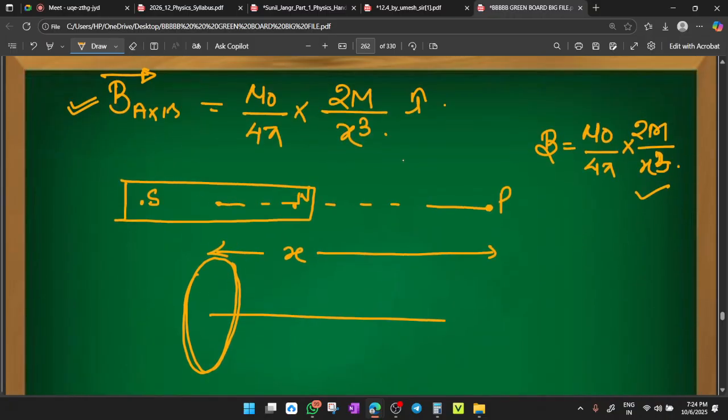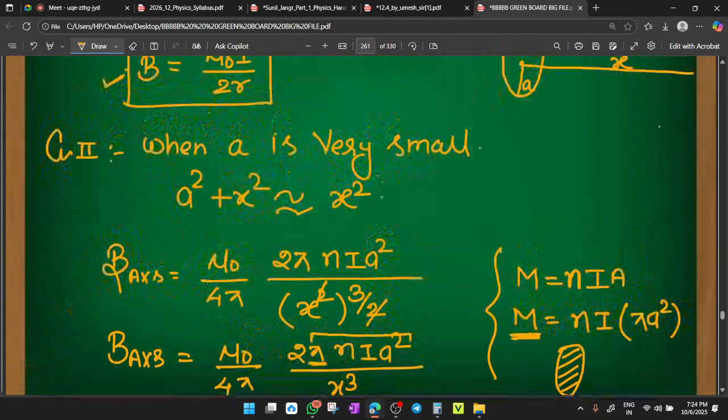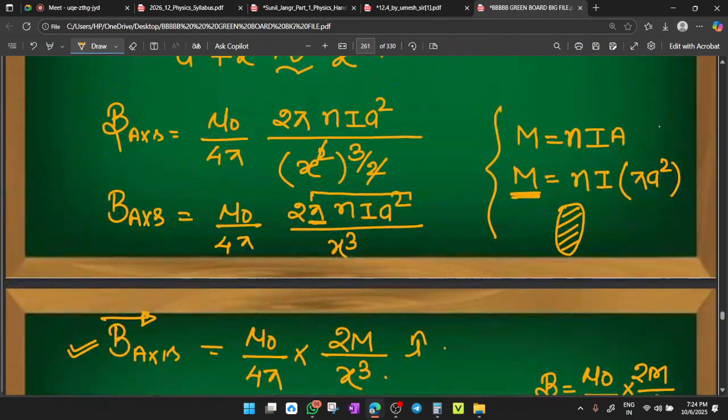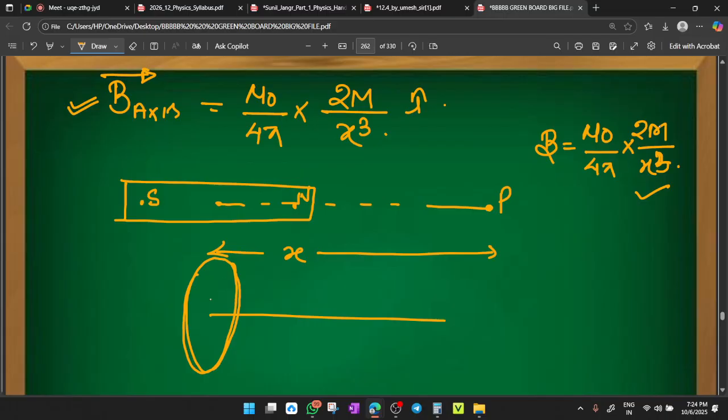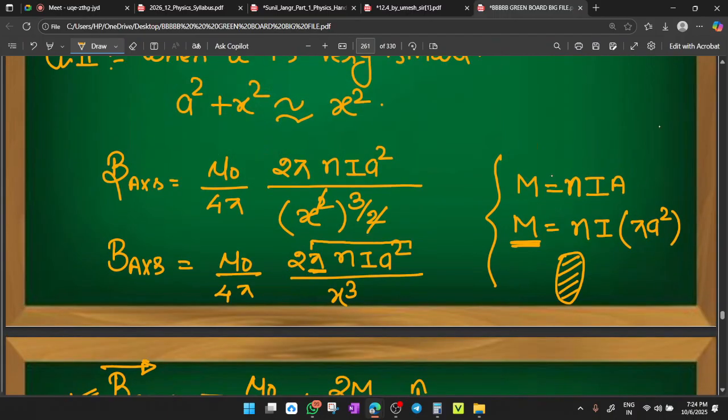So it behaves like a bar magnet. A question is there in the CBSE examination: explain how a circular coil behaves as a bar magnet. So we have to derive this result in accordance with the magnetic dipole moment of a circular coil. Clear? Okay, so note it down.